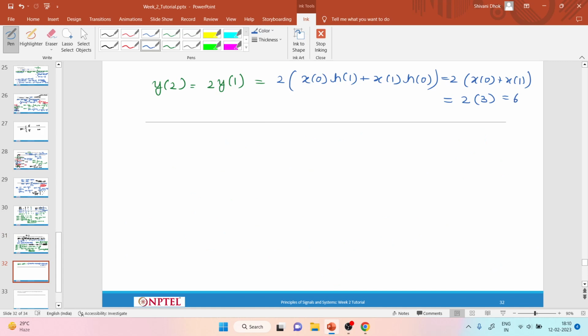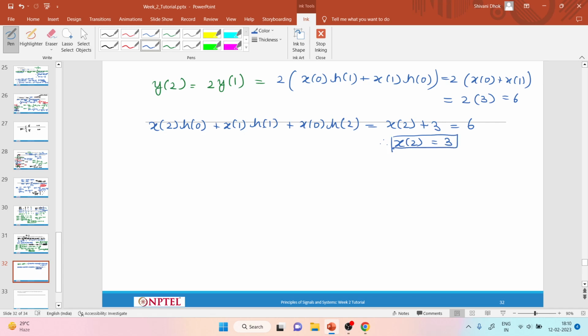Now this is equal to y of 2, and this y of 2 is equal to x of 2 into h of 0 plus x of 1 into h of 1 plus x of 0 into h of 2, which is equal to x of 2 plus, again h of 1 and h of 2 are 1, therefore x of 1 plus x of 0, which is equal to 3, which is equal to 6. Therefore x of 2 is equal to 3.